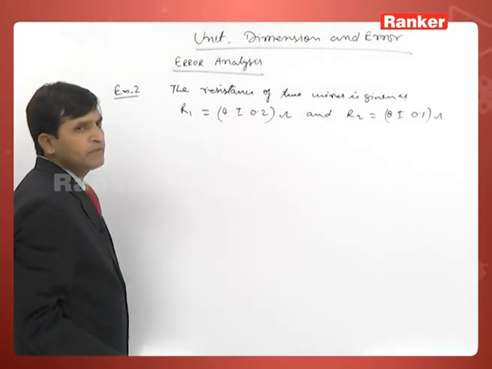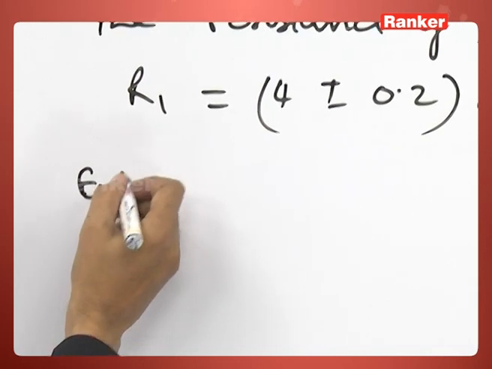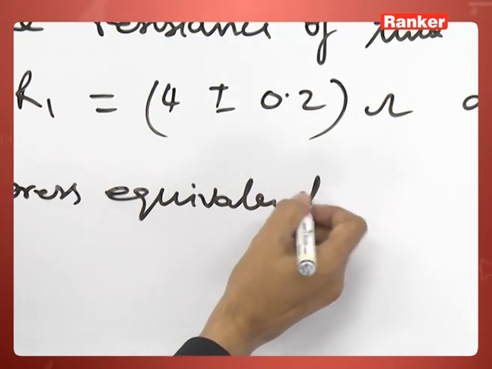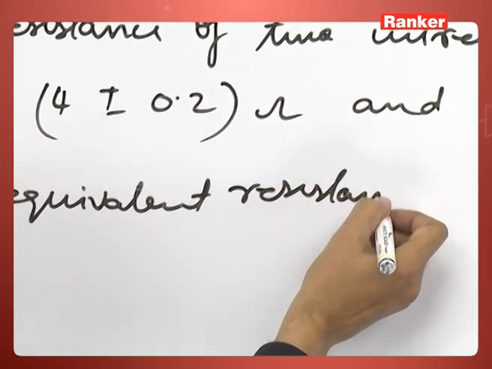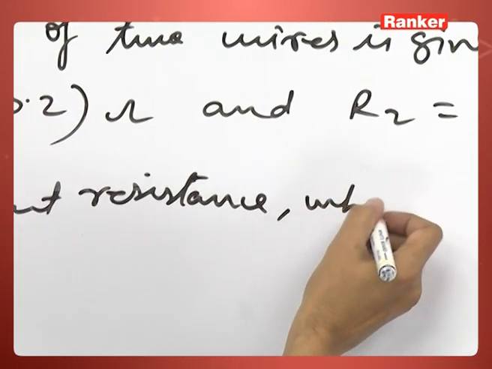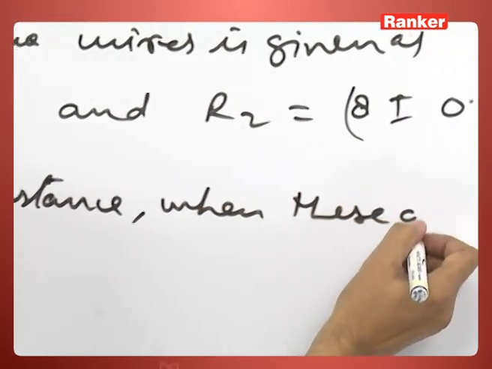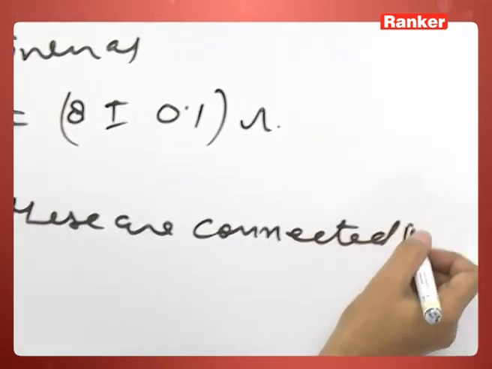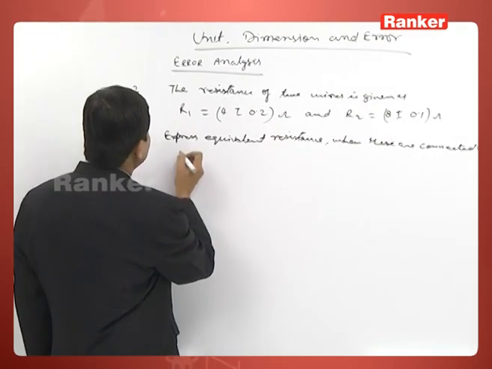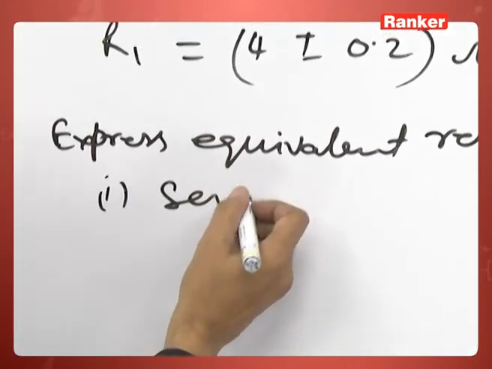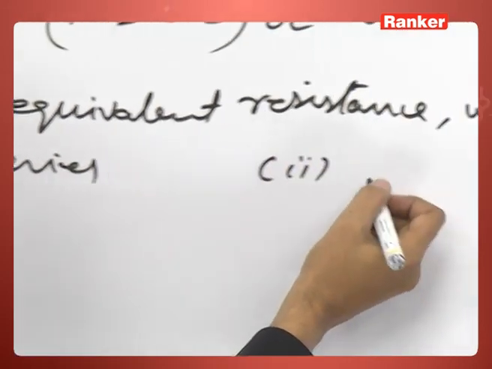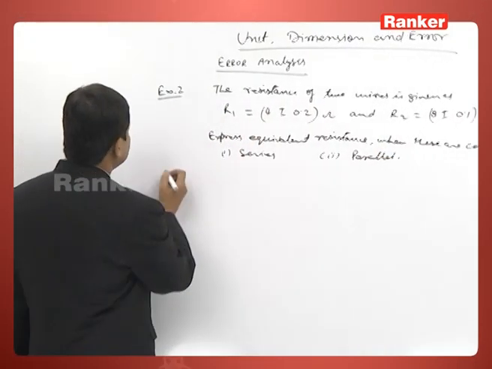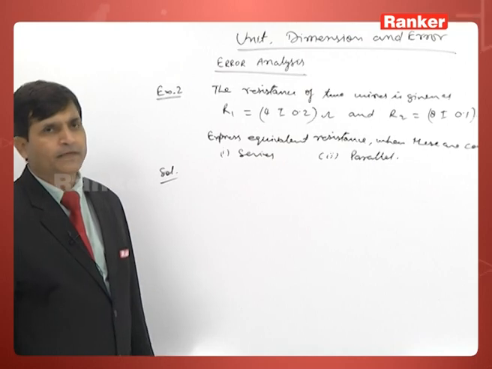So express the equivalent resistance when these are connected in series, and with the first part in series and the second part in parallel. So this is the question here. Now see how to solve this one.